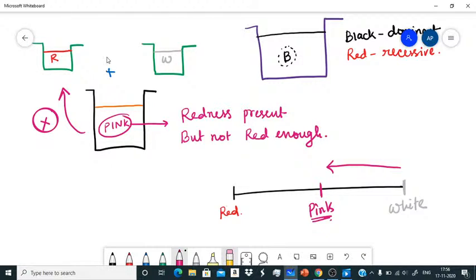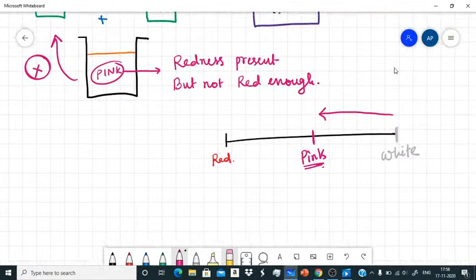So it tried to stay on the side of the black. Now over here, the resultant color also tried to be on the side of the dominant one, that is the red one. But in its journey, it got stuck in between.